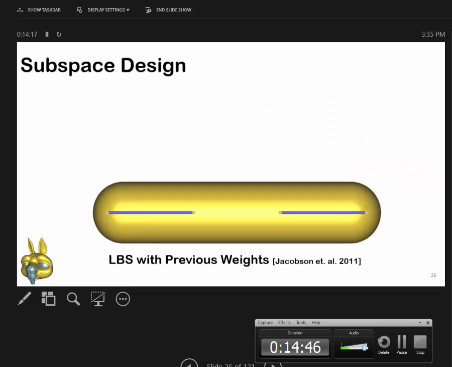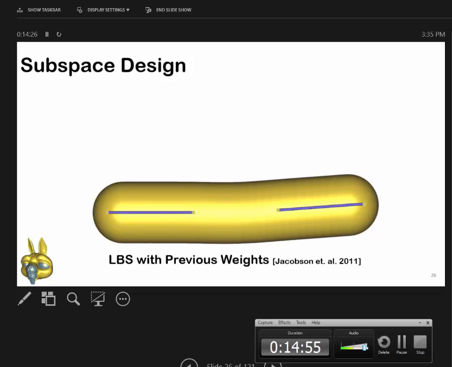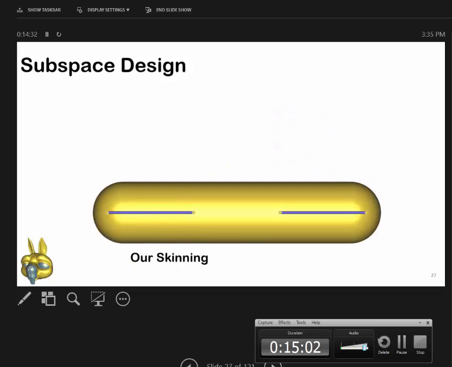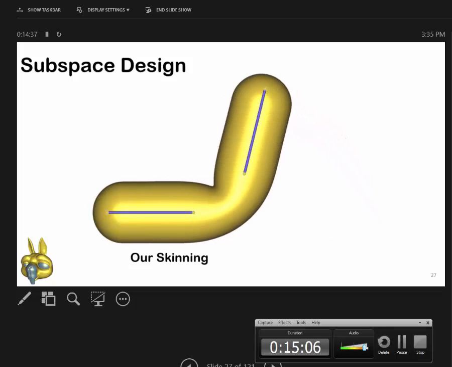Okay, so we explain the idea of subspace design in this simple example. First, with only two rigid handles, we bend the SIGGRAPH logo using linear blend skinning with BBW weights. We see the familiar joint collapse artifacts. Like all linear methods, skinning with our method also suffers from the same artifacts.